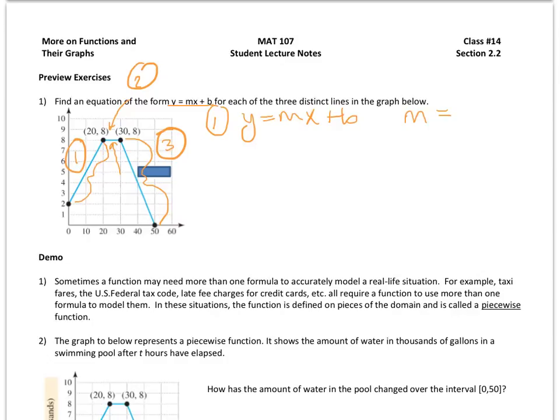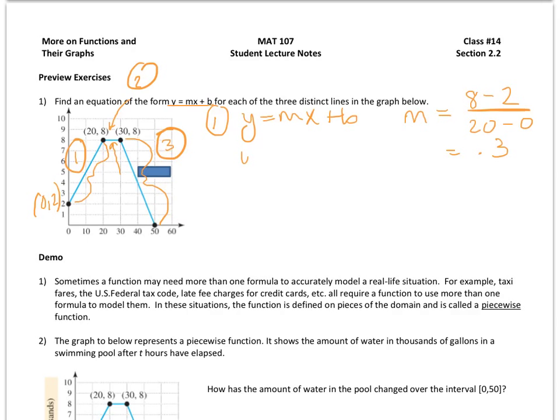So my y-coordinate of 8, that's the y-coordinate of my first point, 20, 8. And then this point down here is 0, 2. So my second y-coordinate is a 2. And then the change in my x-coordinates is going to be 20 minus 0. So my slope is 6 over 20, or 3 over 10, 0.3.